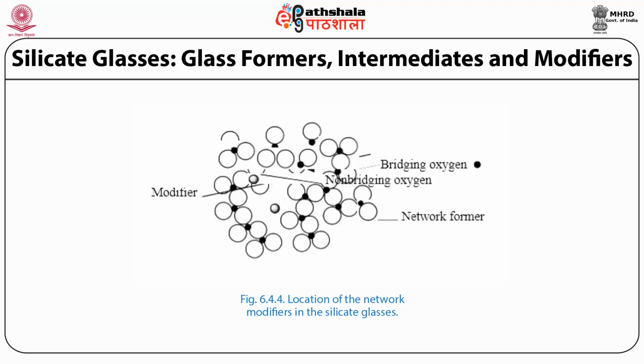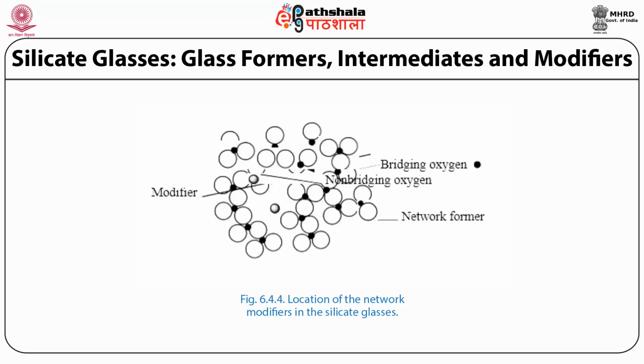As an example, consider a glass with the composition Na2O·2SiO2. In this case, R is equal to 5 by 2, as we know that R is the oxygen to silicon ratio. So you can see that in the formula Na2O·2SiO2, the number of oxygens is 5, whereas the number of silicons is 2.